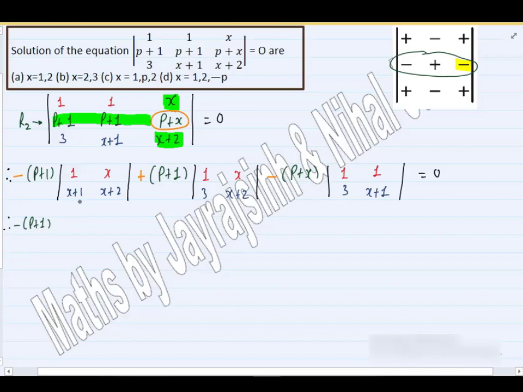Okay, now we have to multiply x plus 2 with 1 to give us x plus 2, minus x plus 1 multiplied with x to give us x square plus x.